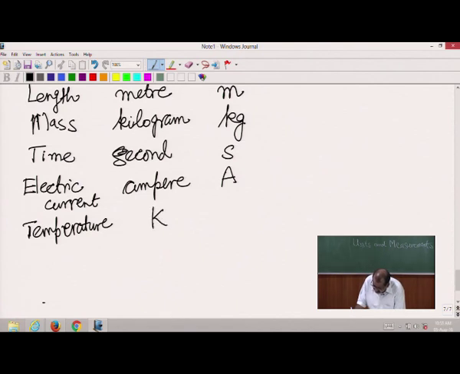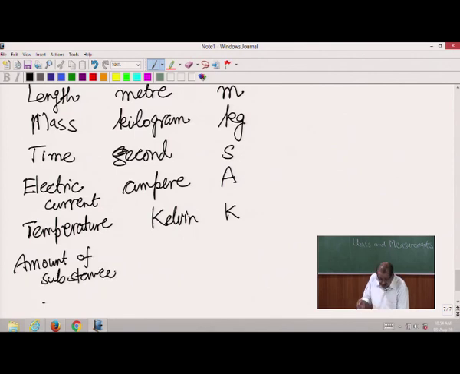measured in a unit called Kelvin, and the symbol for this is K. Then the amount of substance, which is contained in terms of number of molecules, is in SI units given by mole, and the symbol used for that is MOL.